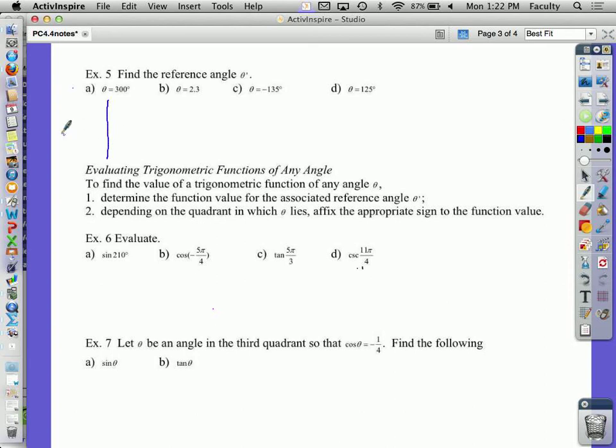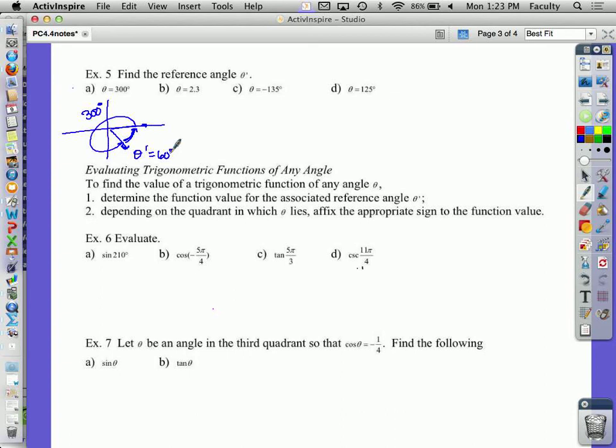Here's the deal. If you want to find a reference angle, you're going to draw your angle, and the reference angle is how far does the terminal side have to go to hit the x-axis. So how many degrees away am I from the x-axis? 60 degrees.